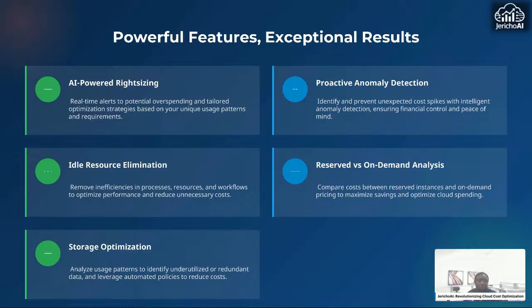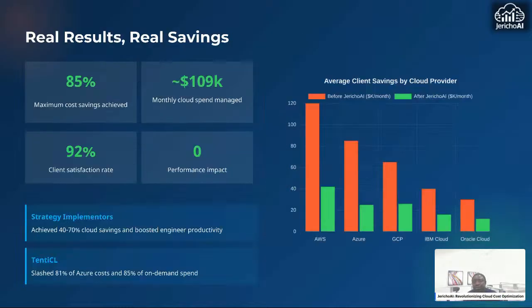And of course, it also provides reserved and on-demand analysis, comparing cost between reserved instances and on-demand instance pricing to maximize savings and optimize cloud spend. We have seen a couple of results, like I mentioned, Jericho, officially for the MVP.